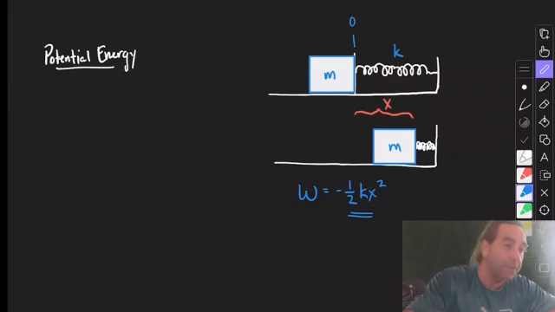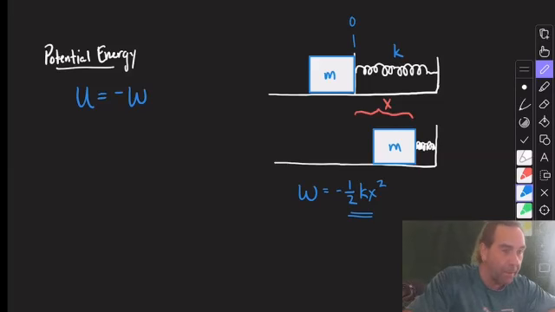But if there's a reciprocation, if there's the ability of the system to reciprocate back to its original condition, we say that potential energy can be stored. And we say that potential energy is the opposite of the amount of work done on the system.